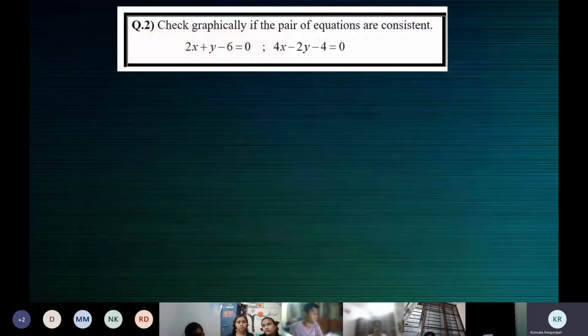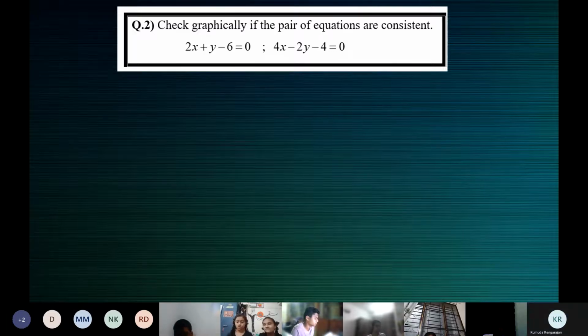Look at this question. Check graphically if the pair of equations are consistent. Now let's recall what are consistent equations. Equations which have at least one solution are said to be consistent.